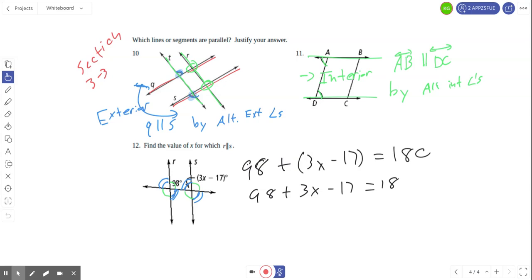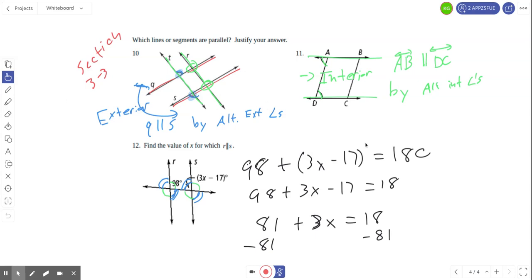Negative 17 plus 98 would be 81. Equals 18. And now I'll use subtraction. This is the subtraction property of equality. If I subtract the same thing from both sides, the equation will remain true.